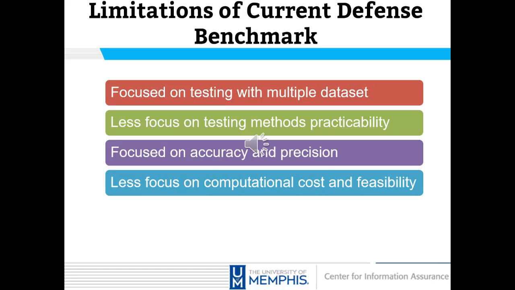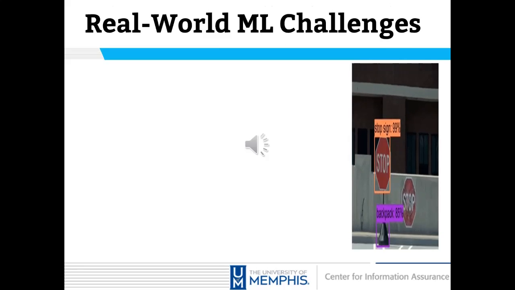So those tests have a problem converting their simulated results to the practical world. And those defense benchmarks mostly focus on accuracy and precision, but they ignore the computational cost and feasibility. Like some defense techniques propose to change the architecture of the ML model, which is not possible in the practical world.